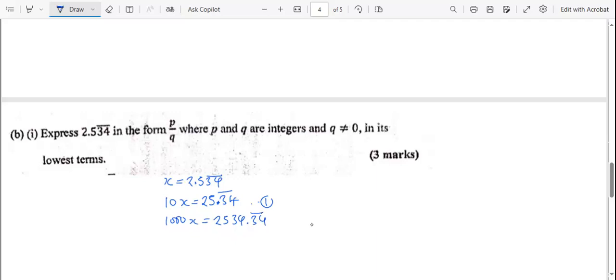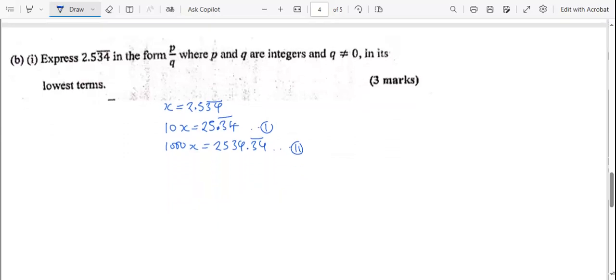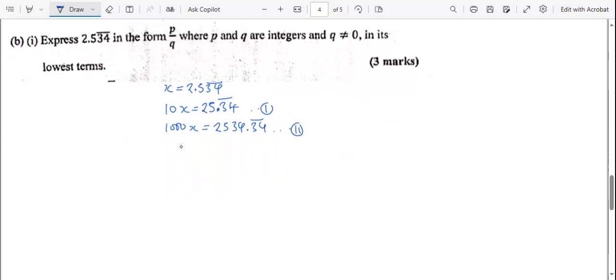Now we subtract equation 1 from equation 2, all right. So you bring 1000x is equal to 2534.34 bar, minus this one which is on top there.